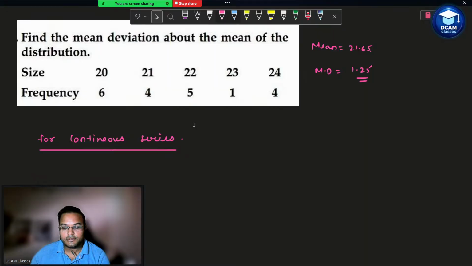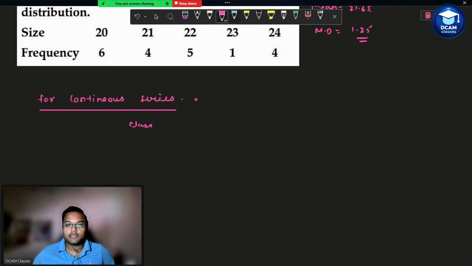Continuous series means, suppose we have been given class and frequency like this.